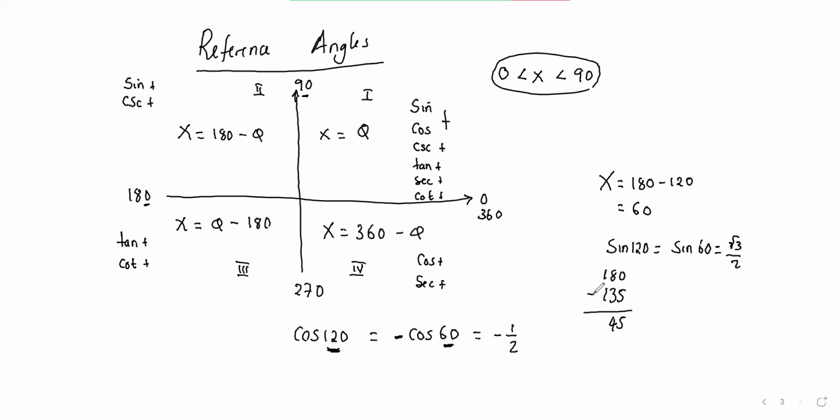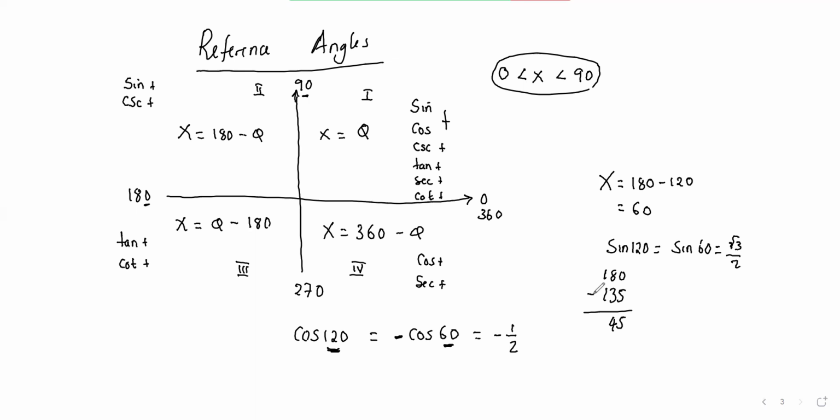I mean, cos is in every quadrant? Look at where it's positive. You're confusing yourself. We don't care about where cos is positive or negative.